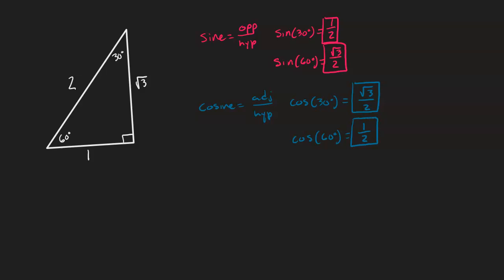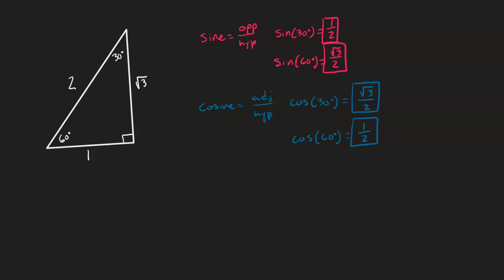Also, note that sine of 30 degrees is cosine of 60 degrees. They have the same ratio. Sine of 60 degrees is the same as cosine of 30 degrees. They have the same ratio. That's just something to note. That might help you out on any kind of assessment, just making those associations.